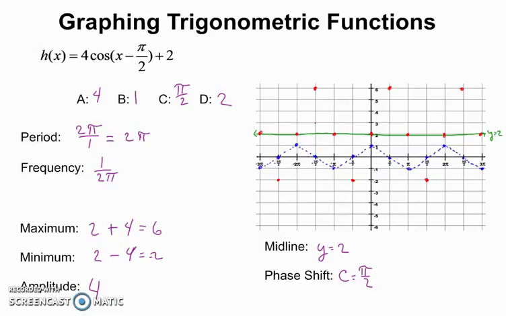And with that, I've got all my points, and I can draw my curve. And that is 4 cosine of x minus pi over 2 plus 2.